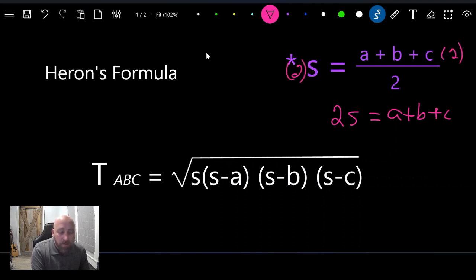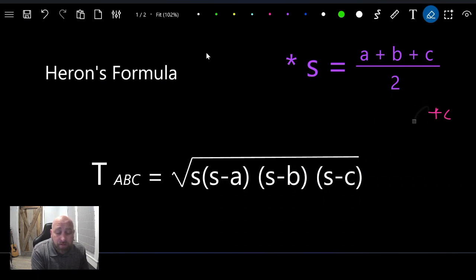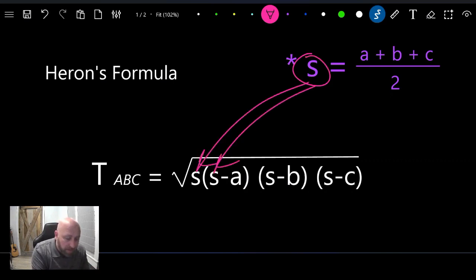So in doing that, that's going to cancel, and you're left with 2S equals A plus B plus C. That is simple math, and you should be able to do that, but it is something that you will probably need at times as you go through this. But the formula itself doesn't need the 2S. The formula itself just needs the S. So when we can figure out S, then we can plug it in everywhere that it goes into the formula.